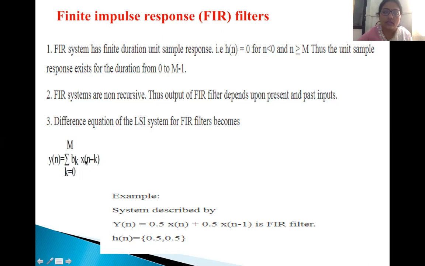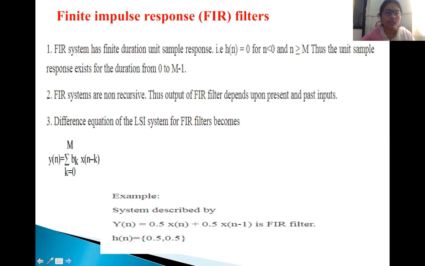This is the equation we are going to make use of while designing an FIR filter: y of n equal to summation k varies from 0 to m of b k x of n minus k, where x of n minus k is representing the present sample and past samples of the input.